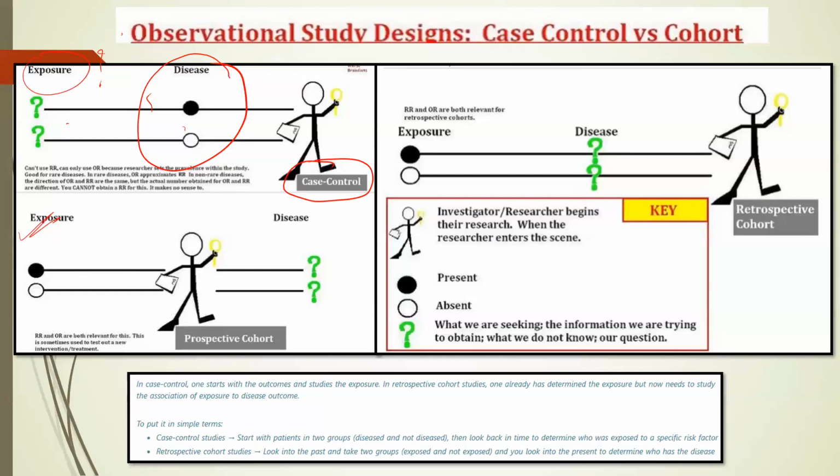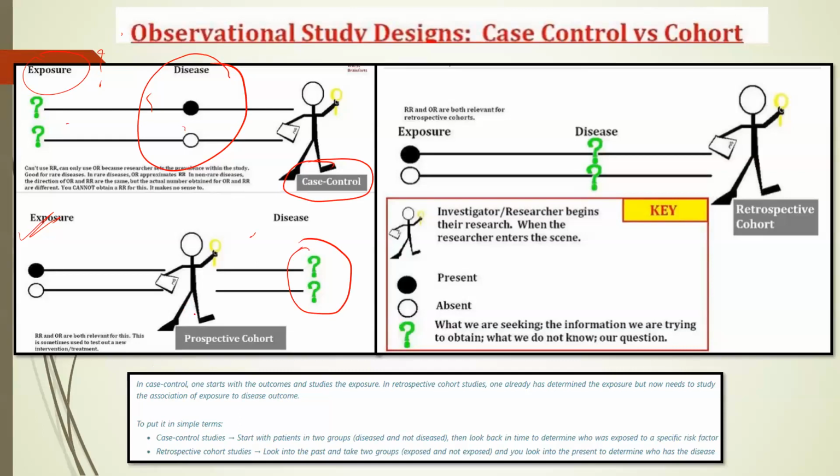And then you're following up the group over a particular period of time, and then you're determining the disease incidence in each of them, and depending upon the disease incidence, you try to calculate the relative risk, and then you interpret the association based on the relative risk value. So this is easy. You're going into the future.